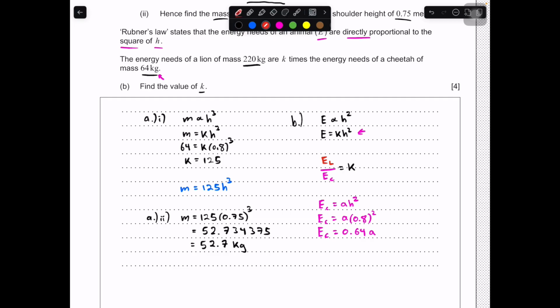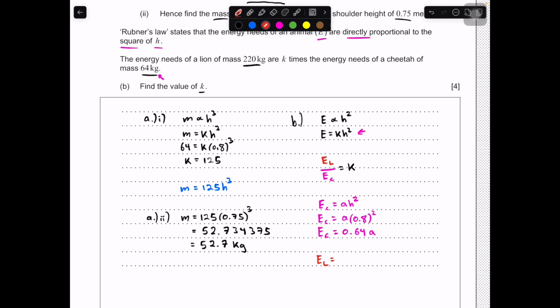Let's find the energy needs of the lion. So we've got the energy needs of the cheetah right here, 0.64a, this something a. We don't know what it is, but since we don't need to know it in this case because we're dividing, it should be okay. Energy needs of the lion.